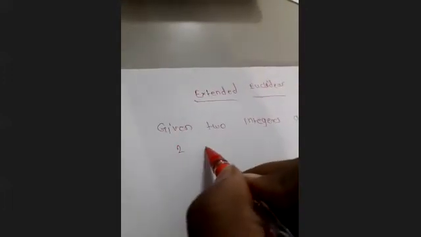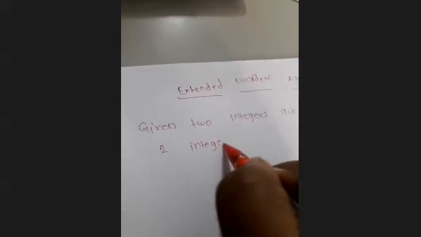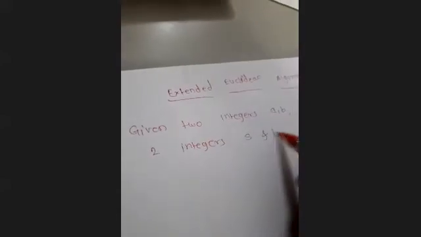Here in this case, there will be two integers A and B given. Apart from this A and B, we need to find two integers which are called S and T.